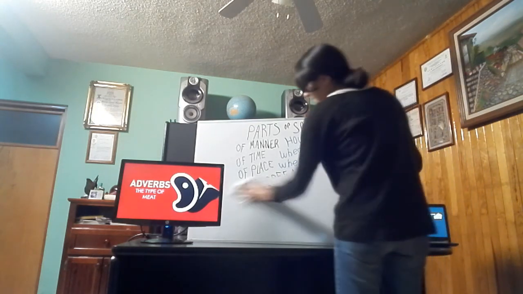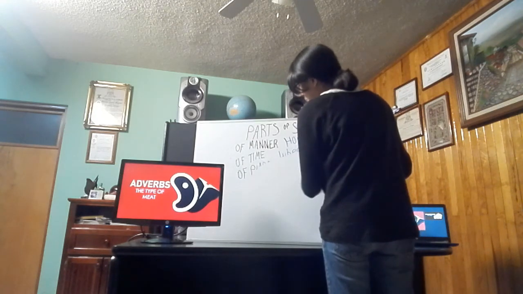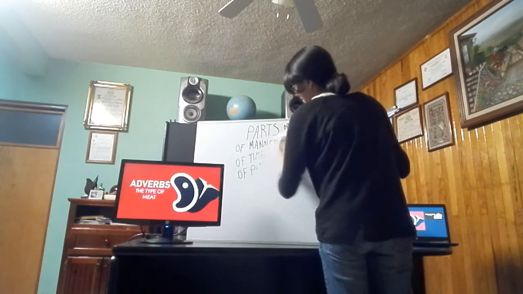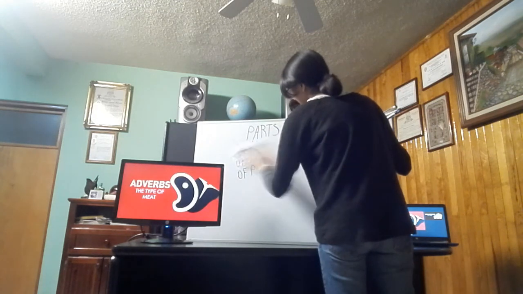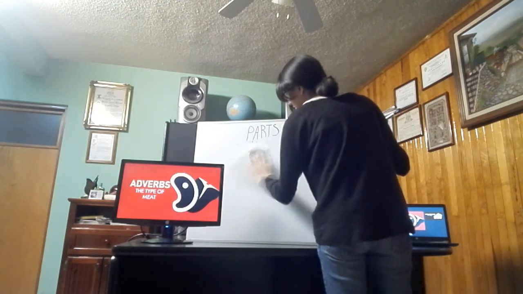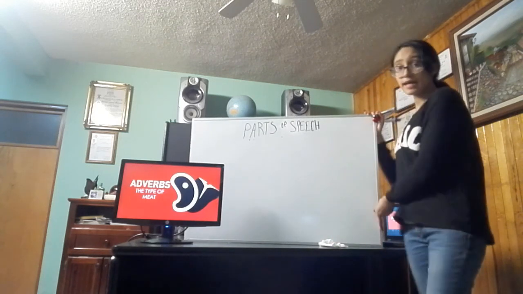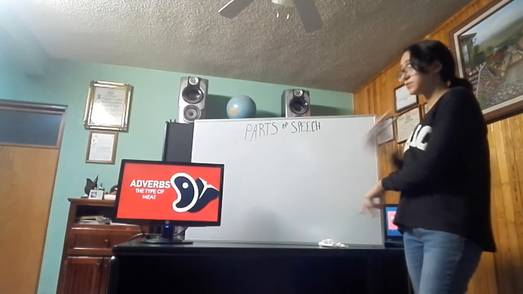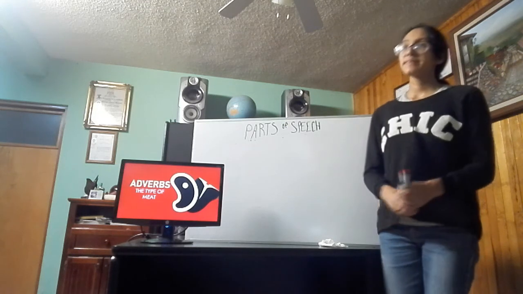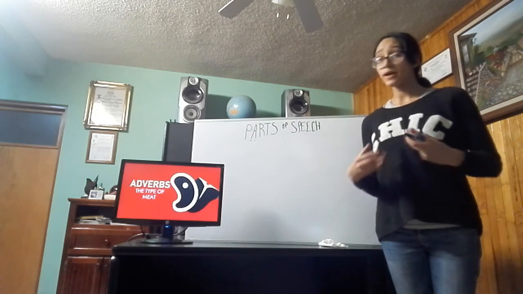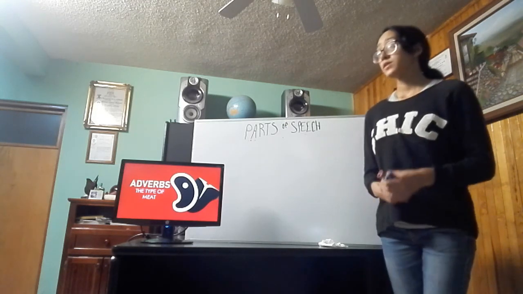Adverbs are related to the type of meat. While we already have the verbs that are the meat, and we have established that it's needed on the sandwich, we have to ask ourselves now, what type of meat do you want? In this case, the adverb is the one that's describing the type of meat.